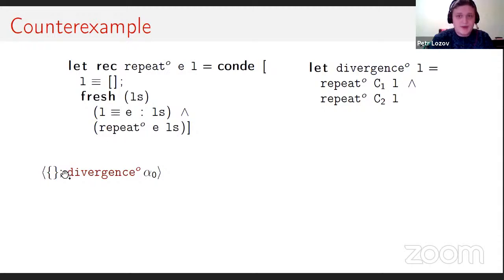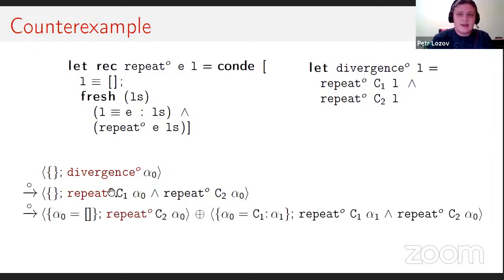We start with the application divergence. We unfold this application and get the conjunction of two applications of repeater. Next, we unfold the left conjunct and get two disjuncts from the body of repeater. In the first disjunct, the list is empty. In the second, it is not.